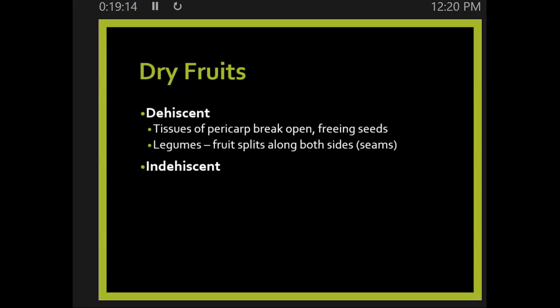And then indehiscent are seeds that stay in. The fruit doesn't split open, and even when it's released from the mother plant, it's still shut, closed up still. And that usually requires some special extra effort to get it to go ahead and germinate and grow.